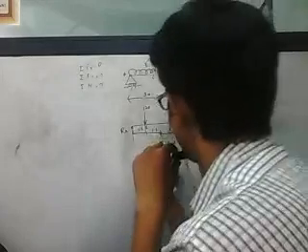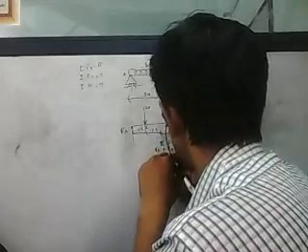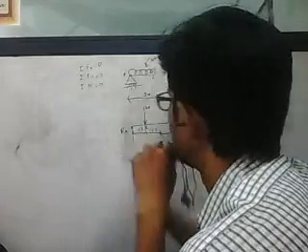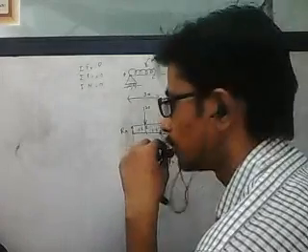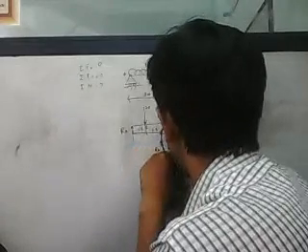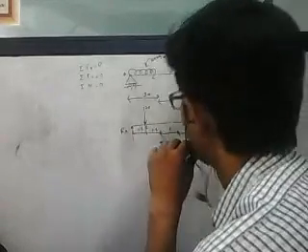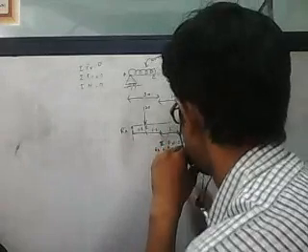Okay. Again, we will take moment like the previous one. Summation MA equal to 0: RA into 0, plus 120 into 1.5. Clear?